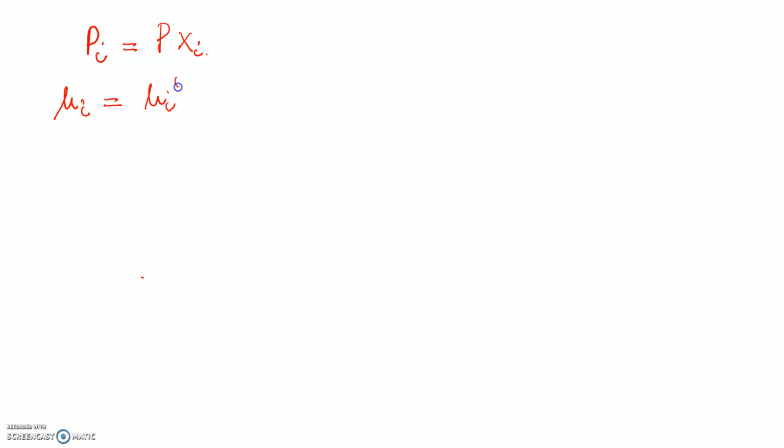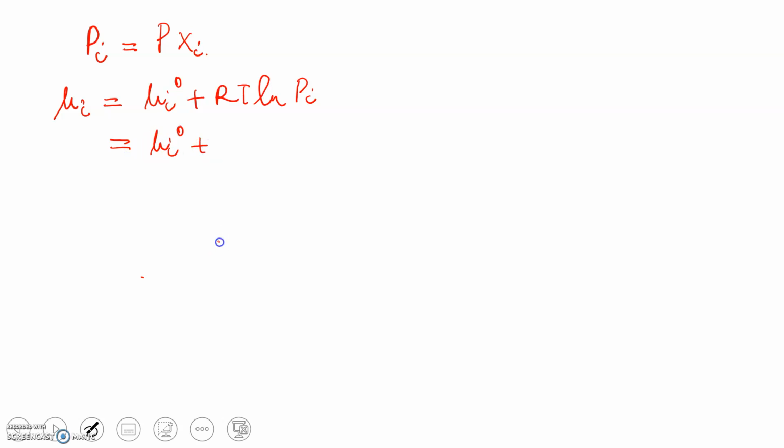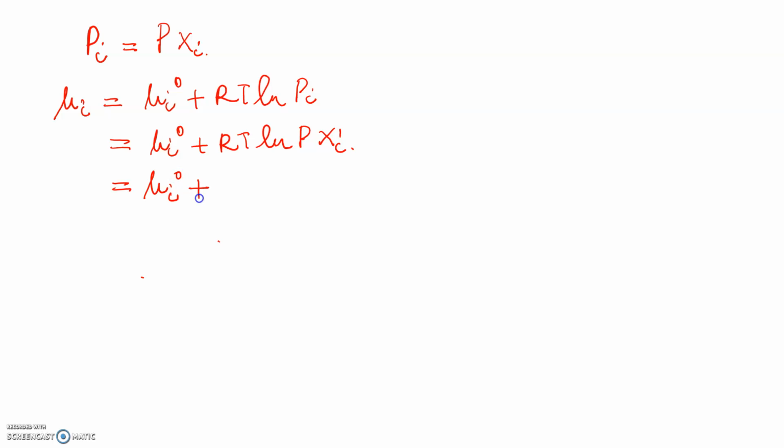Mu i is equal to mu i 0 plus RT ln Pi. Substituting for Pi, we get mu i 0 plus RT ln (P into Xi). Xi is mole fraction. Repeating the same procedure that we did before, plus RT ln P plus RT ln Xi.